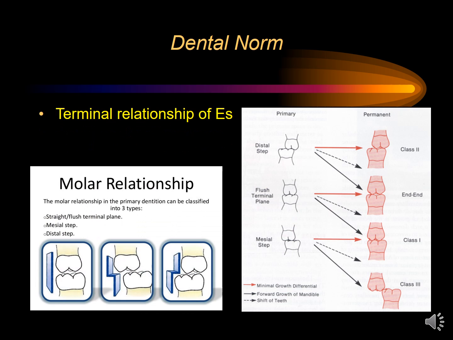Now, if you look at your Es, upper and lower Es, they can either be straight like this, which is known as a straight or flush terminal plane, or the lower molars are slightly forward, which creates a mesial step, or the lower molars are placed further posterior to the upper molars, in which case it creates a distal step.